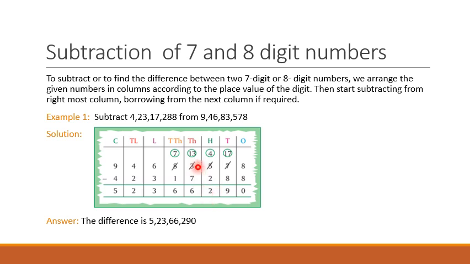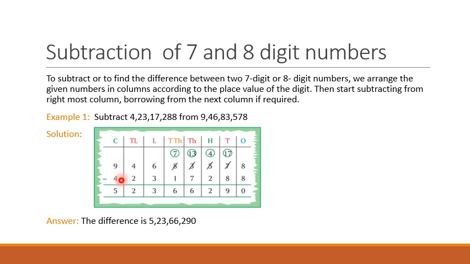Now here it's 3 minus 7. Again it's not possible. So I take a borrow from this 8. This makes 3 into 13 and 8 becomes 7. So 13 minus 7 will give me 6. And 7 minus 1 gives me 6. 6 minus 3, 3. 4 minus 2 gives me 2.